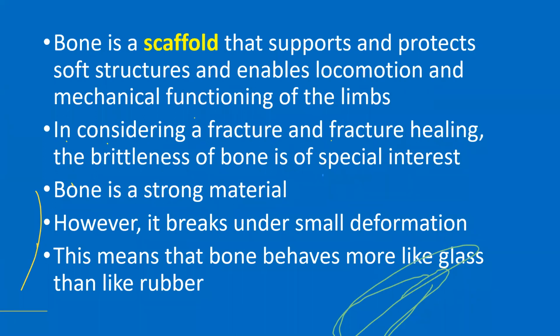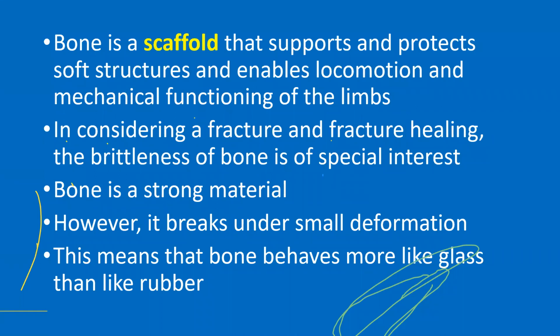In considering a fracture and fracture healing, the brittleness of bone is of special interest. Bone is a strong material, you should know it. However, it breaks under small deformation. This means that bone behaves more like glass and not like rubber.